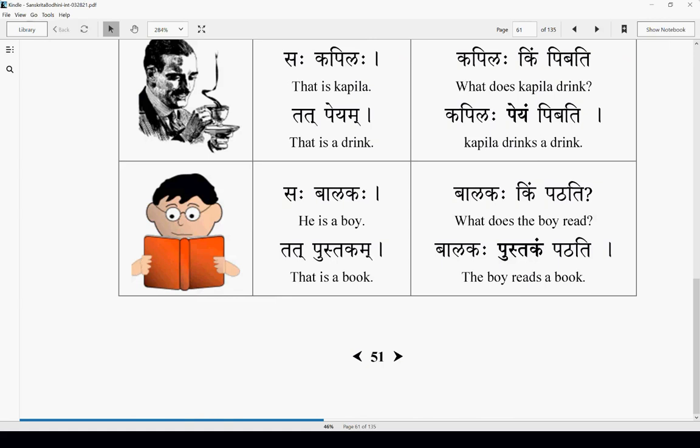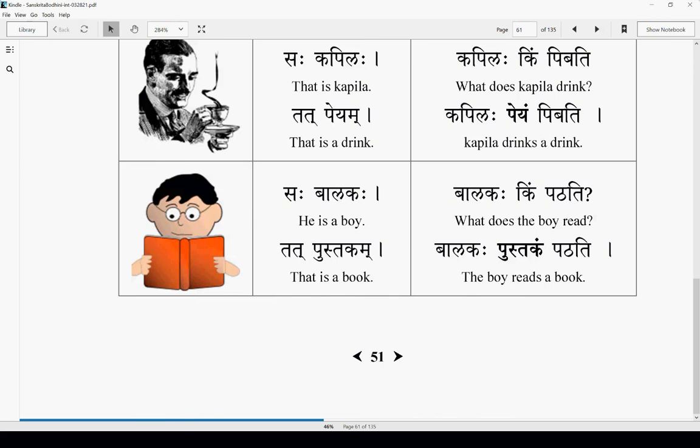Balakaha kim patati? Balakaha pustakam patati. Saha Balakaha tat pustakam, Napumsakalinga shabdaha. Balakaha kim karoti? Balakaha patati. Balakaha kim patati? Balakaha pustakam patati.